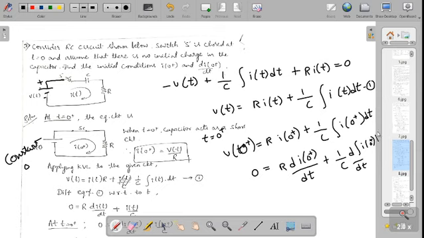So what happens here? The derivative and integration get cancelled since they are inverse of one another.